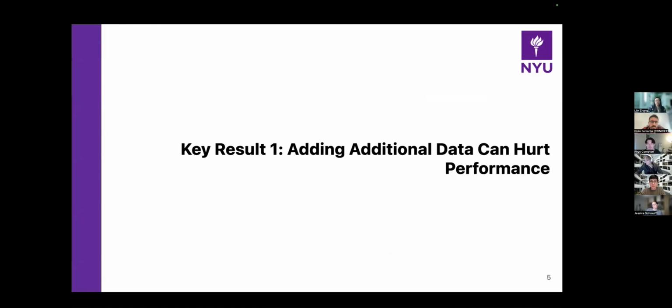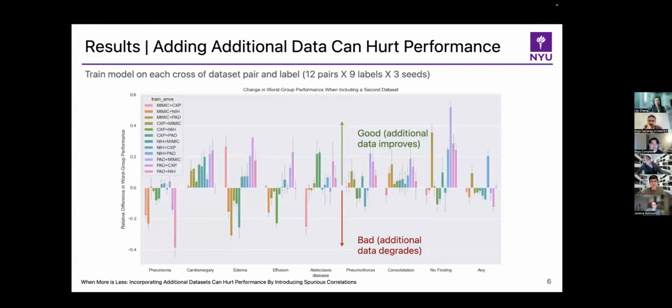So coming to some key results, as the title says, we found that surprisingly adding additional data can hurt performance. This graph shows on the y-axis the relative difference in worst group performance when you add a certain data set. The x-axis is grouped by the different diseases that we looked at.